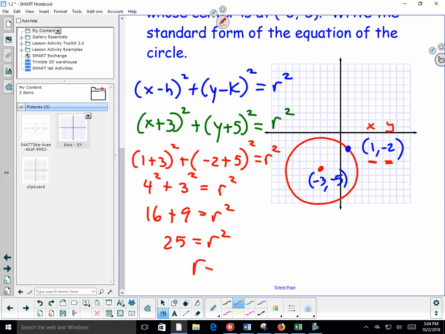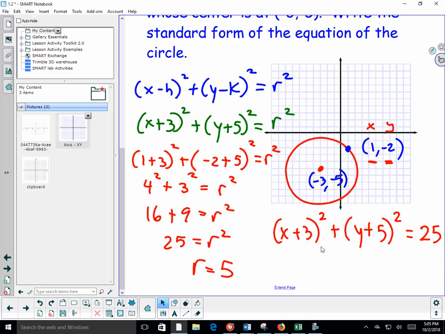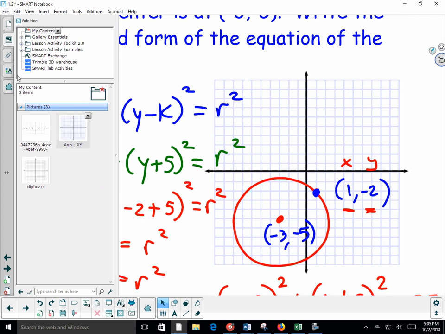So I do know that my radius would be 5, but our equation is going to be x plus 3 quantity squared plus y plus 5 squared equaling, is it 5? No, it's r squared, so it's going to be 25. All right, so that's one way that you can get the equation. You certainly could just use the distance formula straight up to find this distance here, but you certainly don't have to do that.